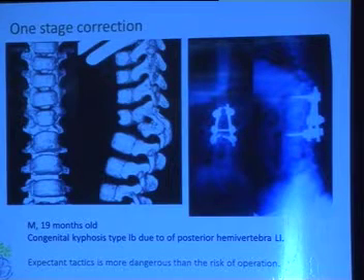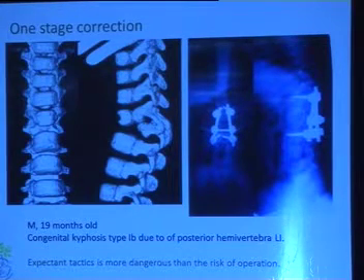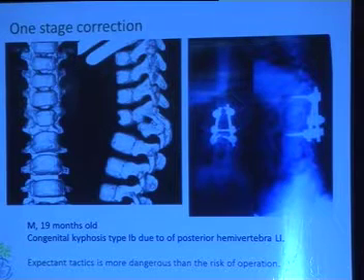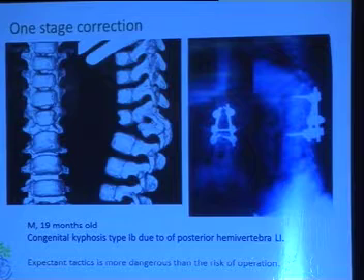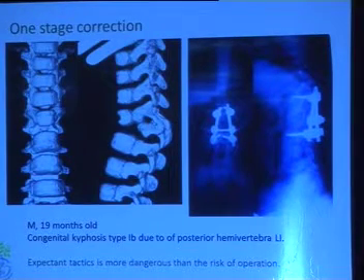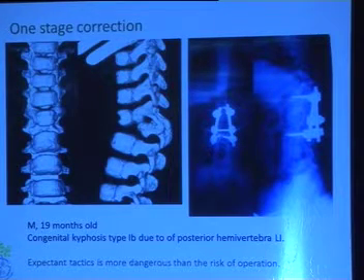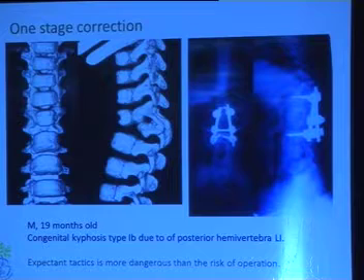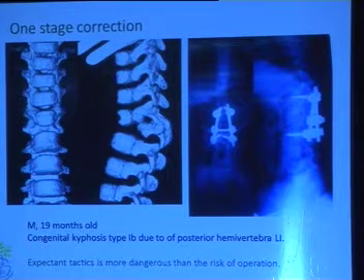Malformation, one-stage correction. For example, a male, 90 months old, with congenital kyphosis, type 1B by the Winter classification, due to a posterior hemivertebra at L1, with stenosis of the spinal canal.